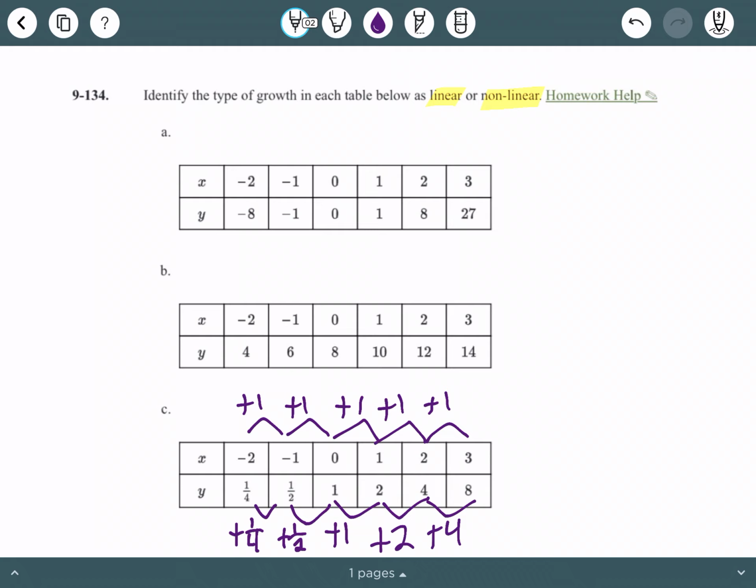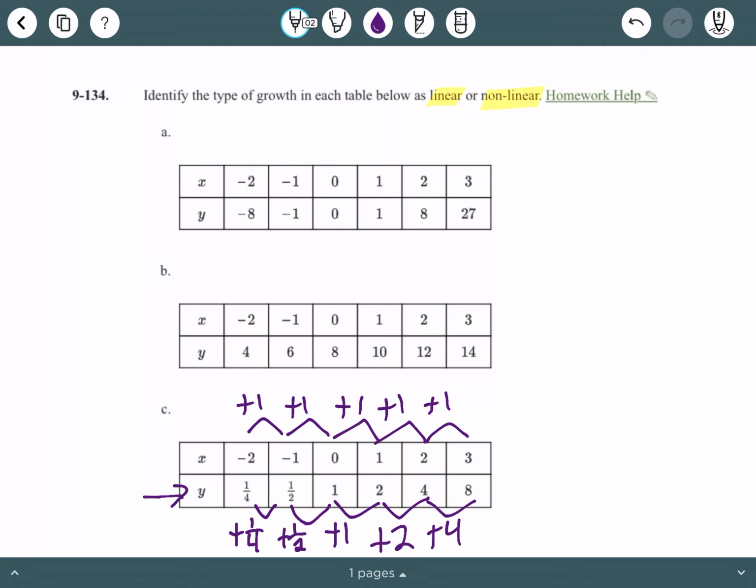Another way we could word this is just saying that the output, which is y, doubles each time. Because 1/4 times 2 gives us 1/2, 1/2 times 2 gives us 1, 1 times 2 gives us 2, 2 times 2 gives us 4, and 4 times 2 gives us 8.